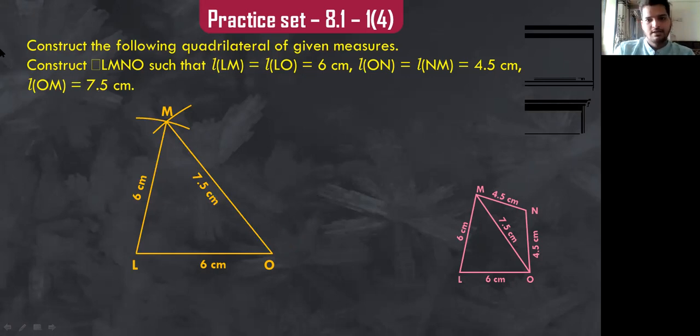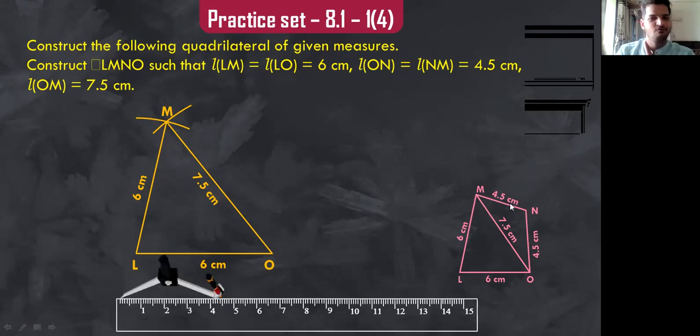Now students, the fourth point which is remaining is point N. Now look at the figure which we have drawn. N is at a distance of 4.5 centimeters from the point M. So again we will take a compass, make a measure of 4.5 centimeters. Remember we are marking MN. So compass will be on the point M and an arc of 4.5 is marked.